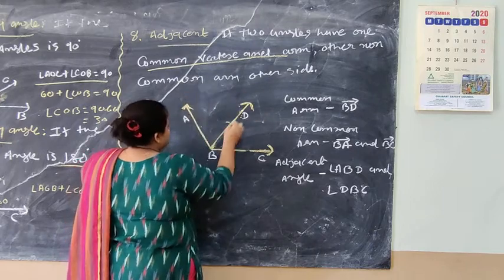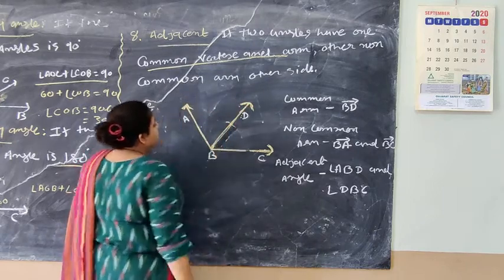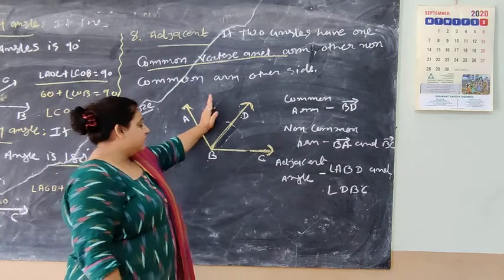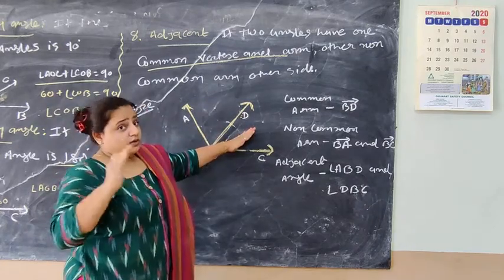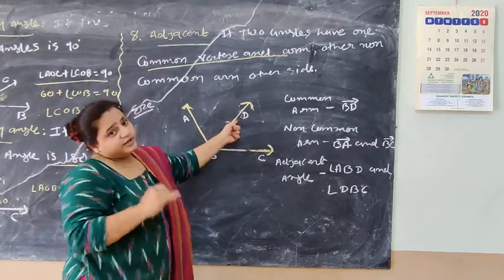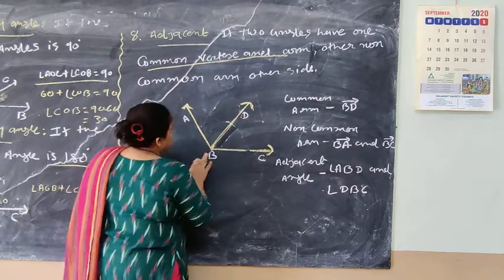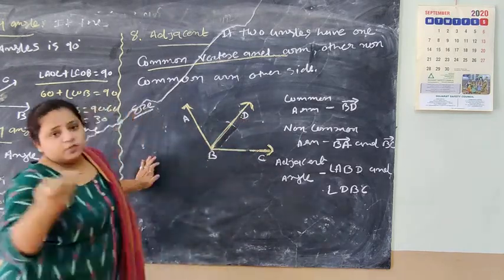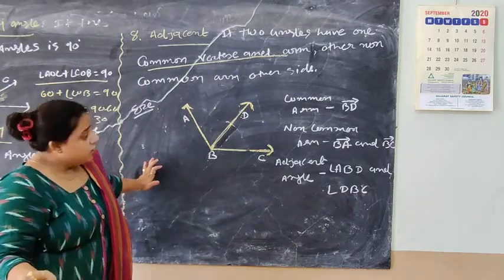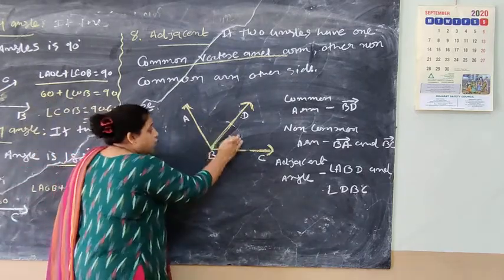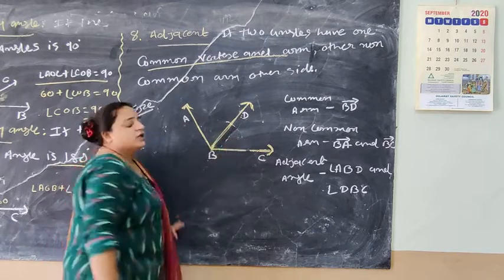And the common arm is BD, because while you are explaining this or this, the common arm is BD and the vertex is B. And the non-common arms, BC and BA, both are non-common. So we can say that these both angles are adjacent angles.